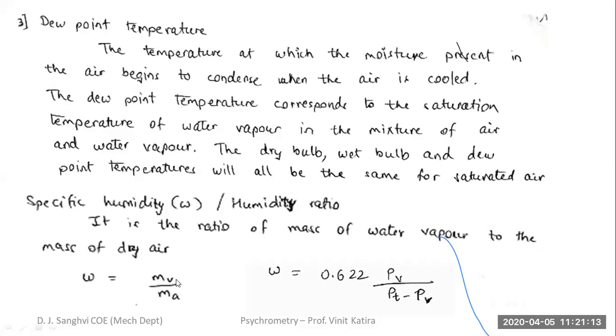In mathematical terms, omega is equal to mass of water vapor over mass of dry air. We also derived this expression in class, if you remember. Omega or humidity ratio is equal to 0.622 Pv upon (Pt minus Pv). I hope you remember what Pv and Pt are. Okay, I hope you remember that, right? Yes, sir.